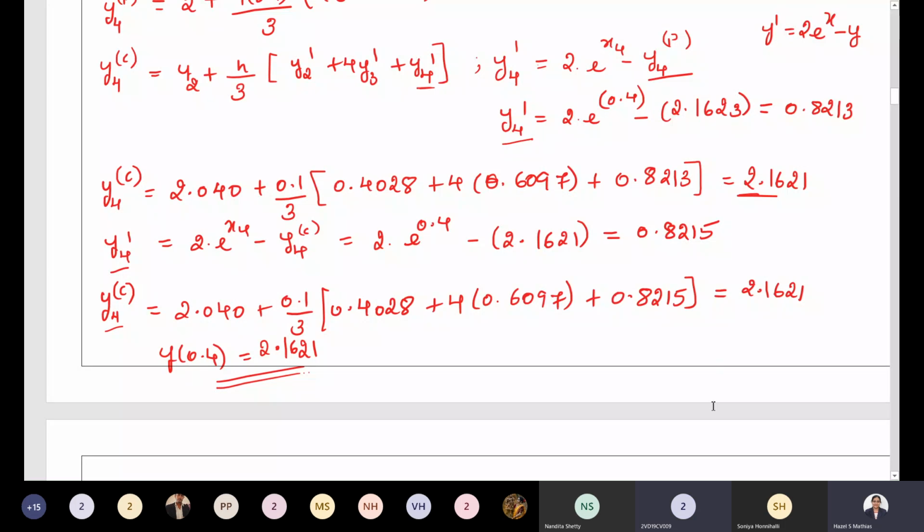Okay. Let's solve this problem using the Adams-Bashforth corrector and predictor formula.